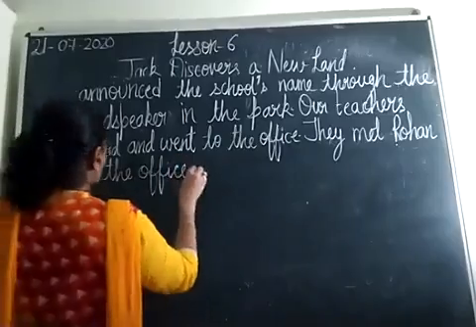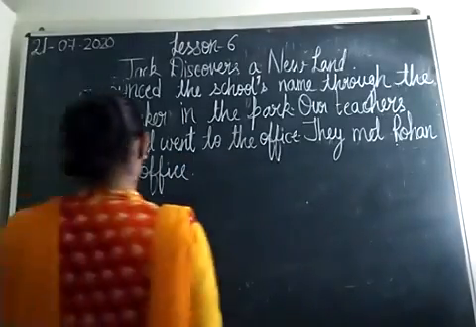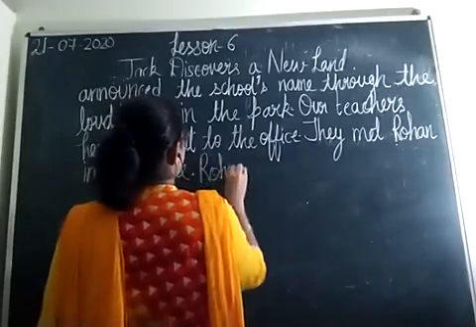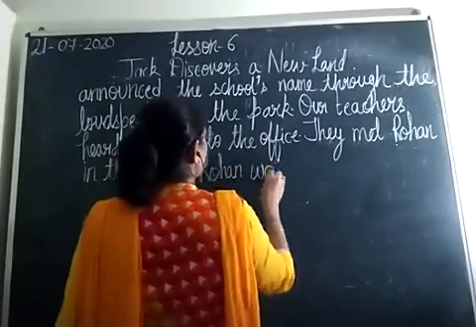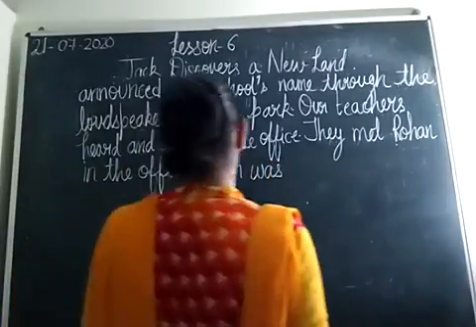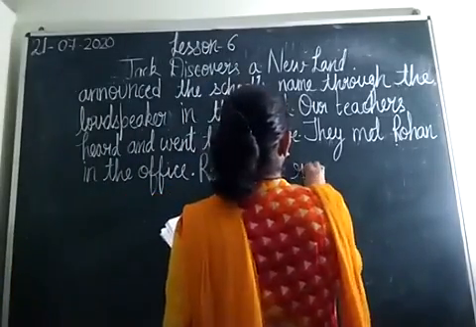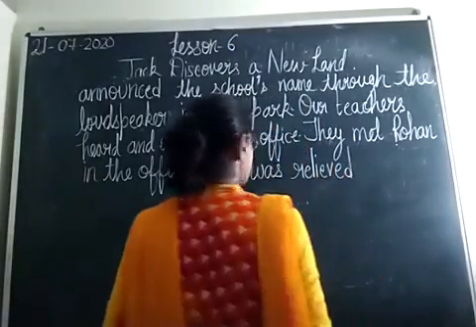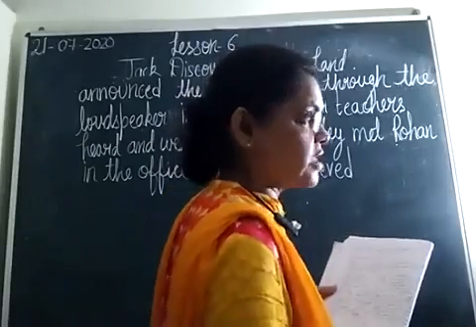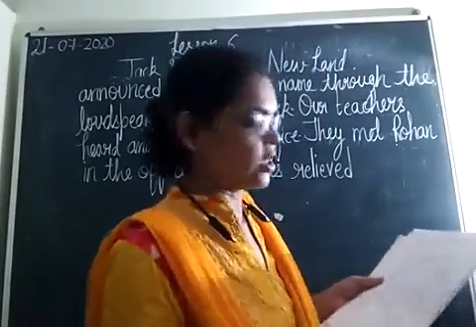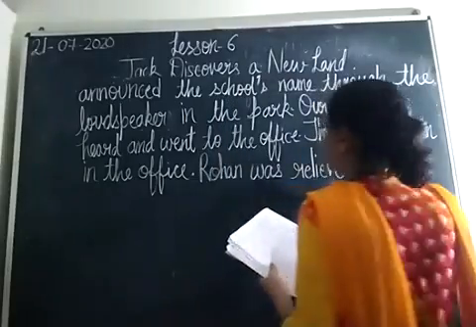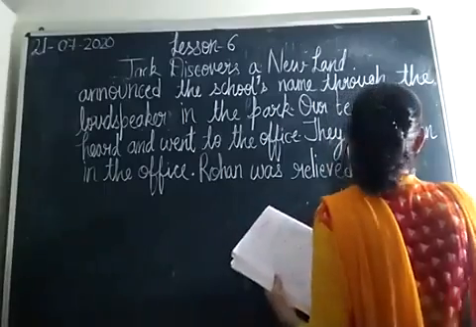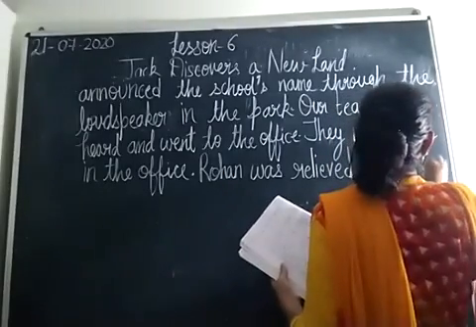The young man had brought Rohan to the office. Now, Rohan was seeing his teachers. How did Rohan feel? Rohan was relieved, R-E-L-I-E-V-E-D. Rohan was scared on losing his way, was relieved when he saw his teachers. So Rohan was relieved to see them.